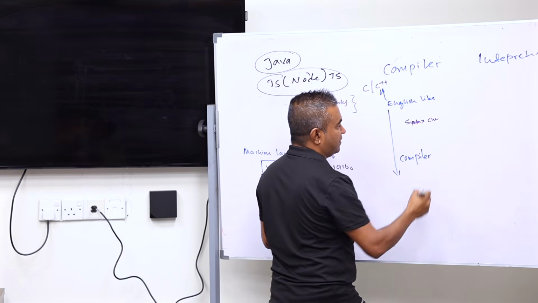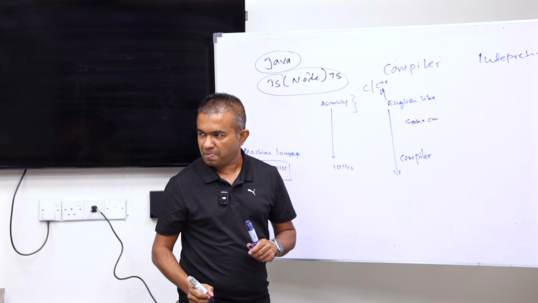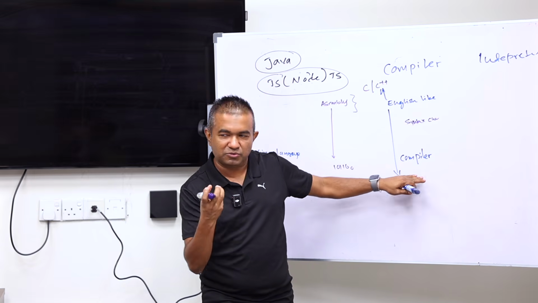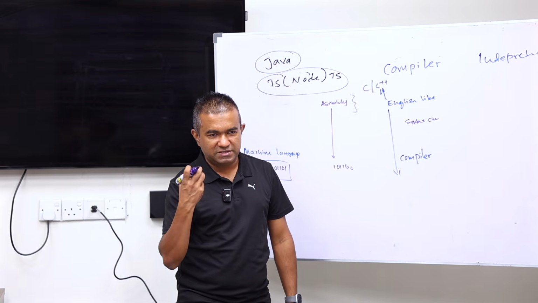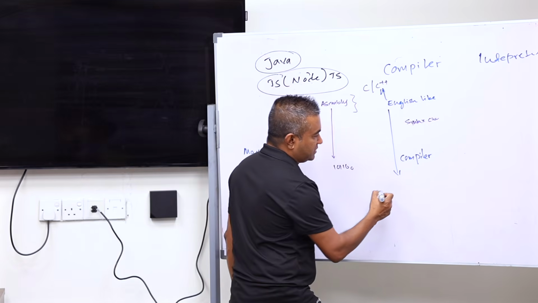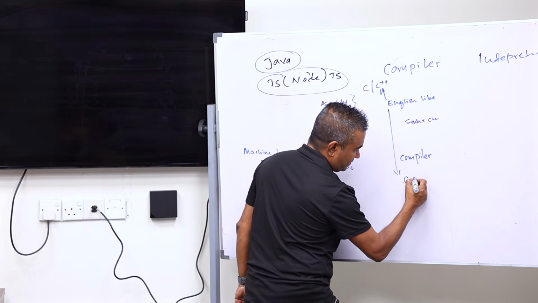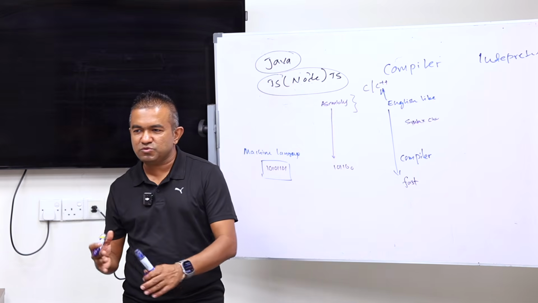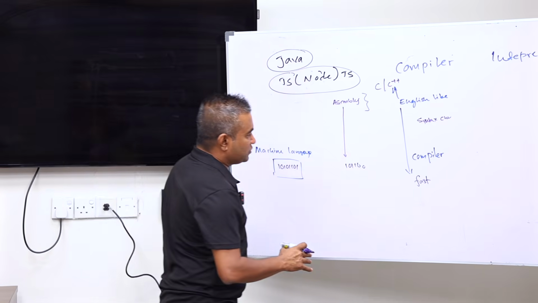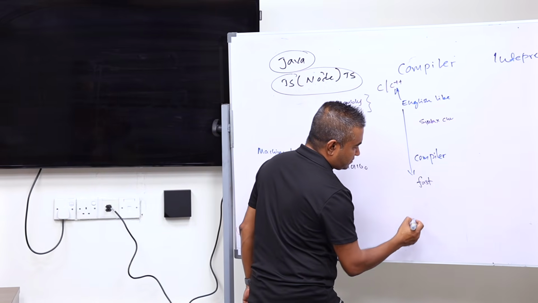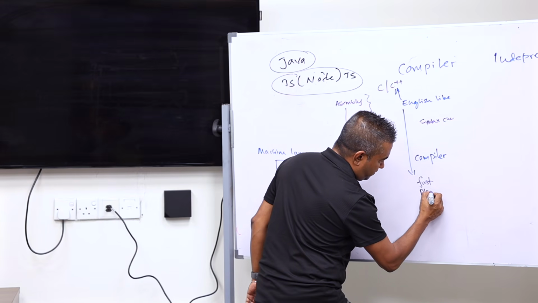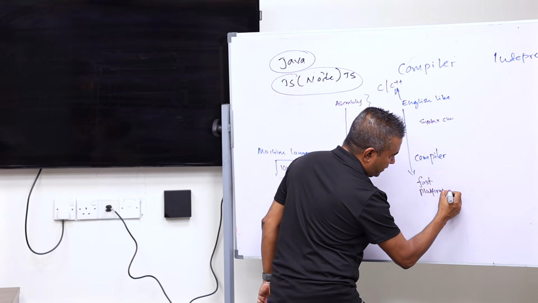Compiled code means the machine can directly understand it. Since it is compiled code, it is very fast, because no other conversion happens during the process. And also, this is platform dependent.